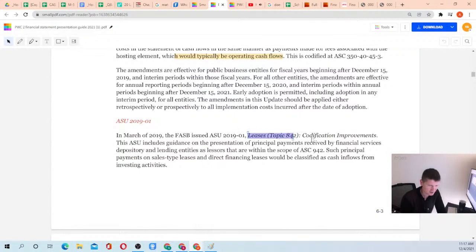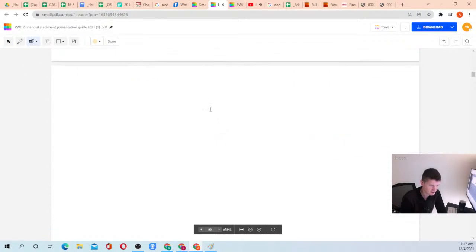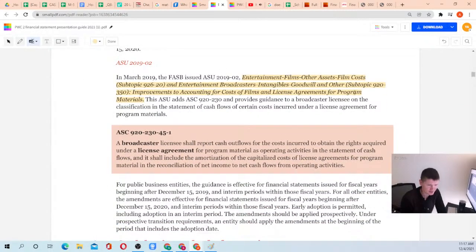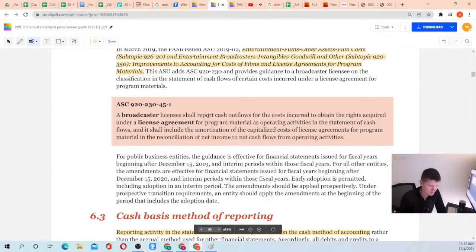There might be issues related to leases. Let me turn on the highlighters so we can see issues with leases. Here is the information about entertainment. For example, cash outflows for the costs incurred to obtain the rights acquired under a license agreement for program material are operating activities.